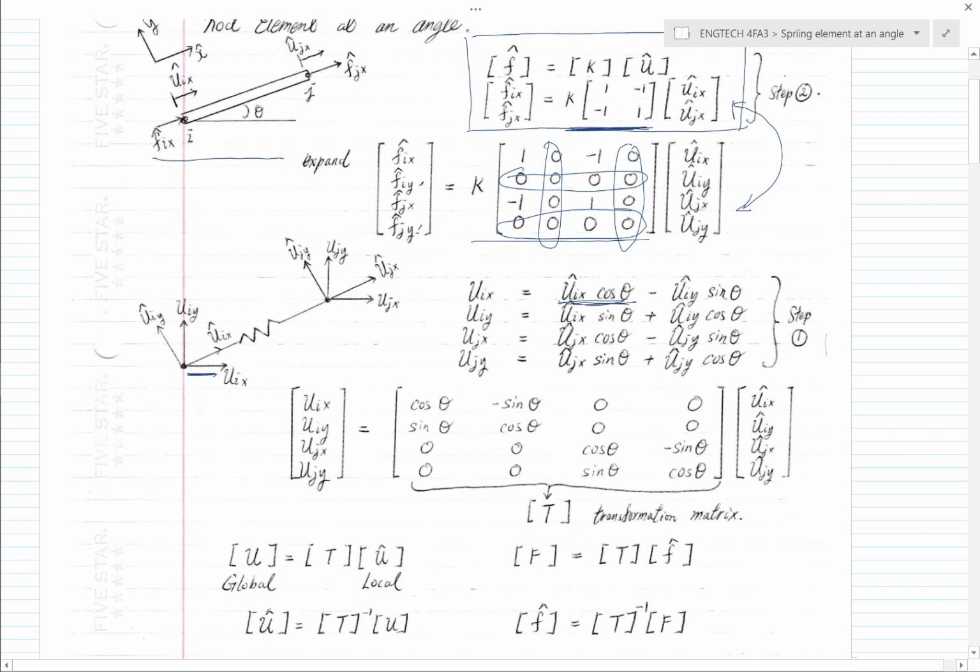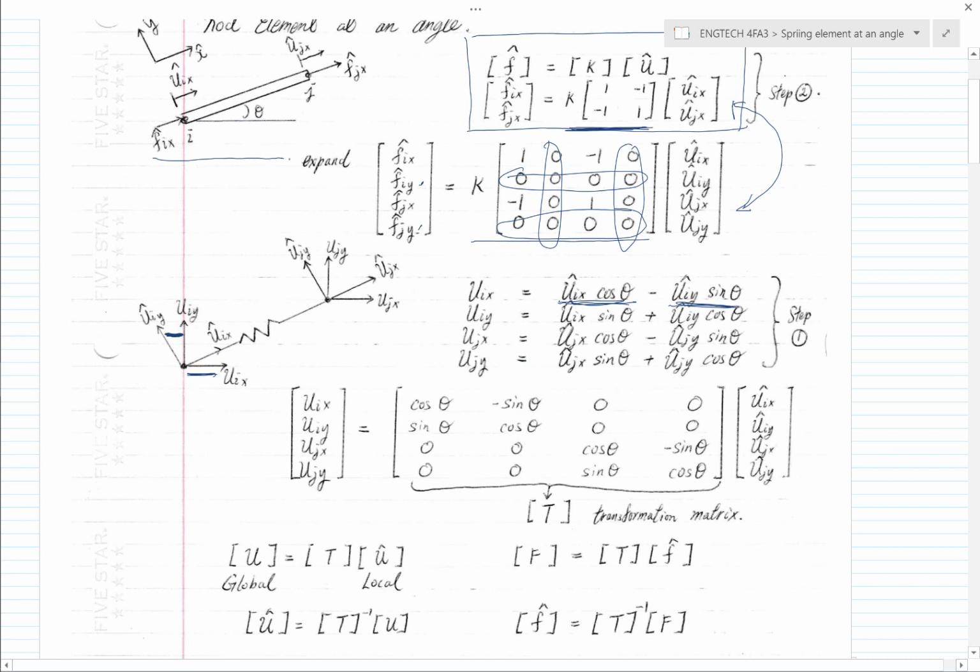At the same time, the movement along the iy hat will contribute a little movement in the regular reference frame. So this portion right here is Uiy hat sine theta.